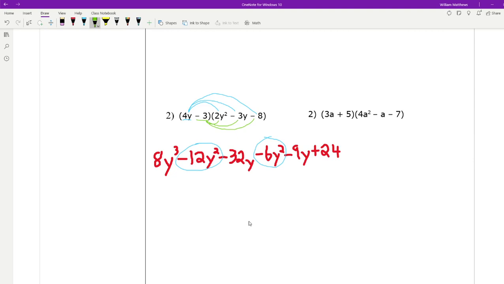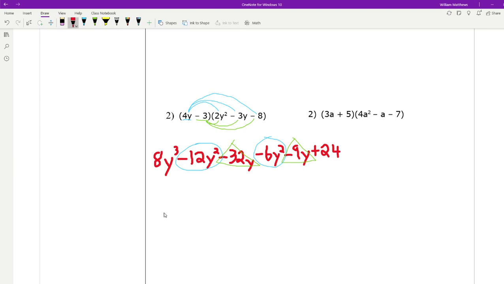Then I can move down to the next power, which is just y. And then our very last term, without the y, the constant, has nothing to combine it with. So now we kind of have this mixed pattern of variables in like terms. So we need to be careful whenever we are checking each one of these to see which ones we are combining.